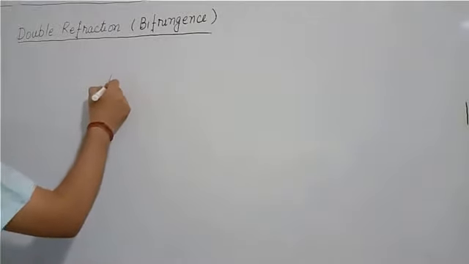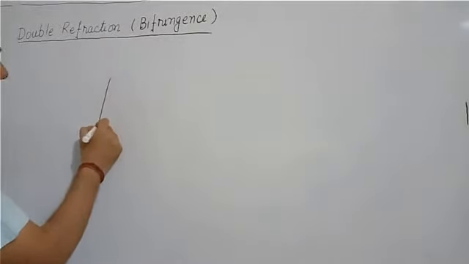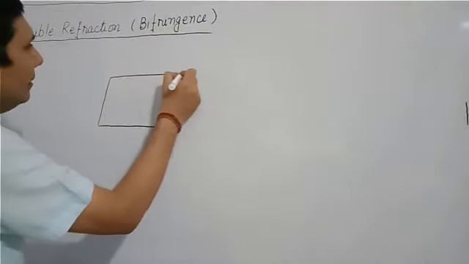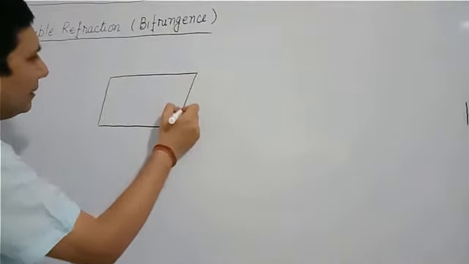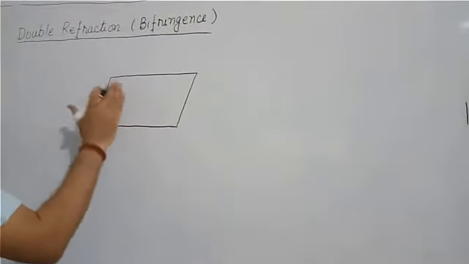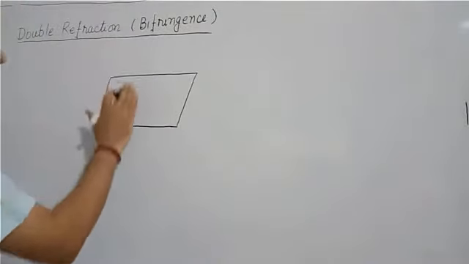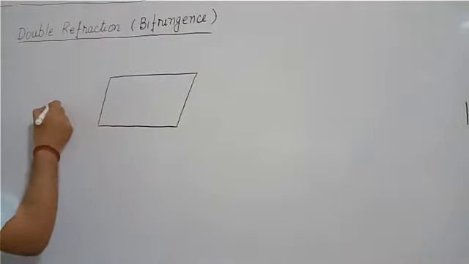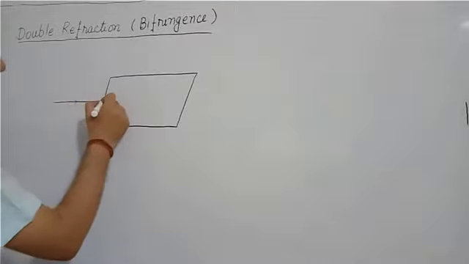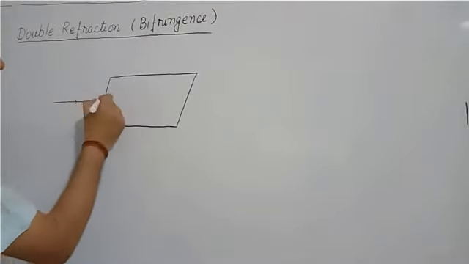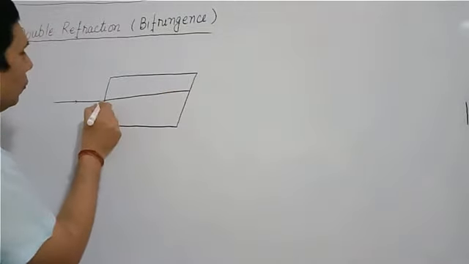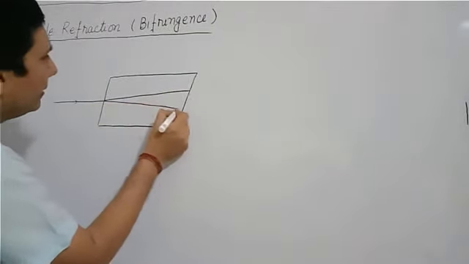So if I consider the principal section of a calcite crystal, I am assuming this is an anisotropic medium which is acting as a doubly refracting medium, and a ray of light is incident on this, and as a result of this incidence, you will have two refracted rays.